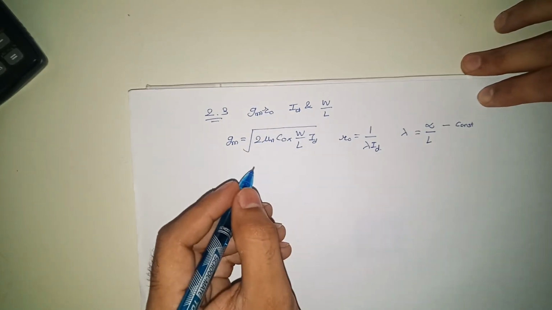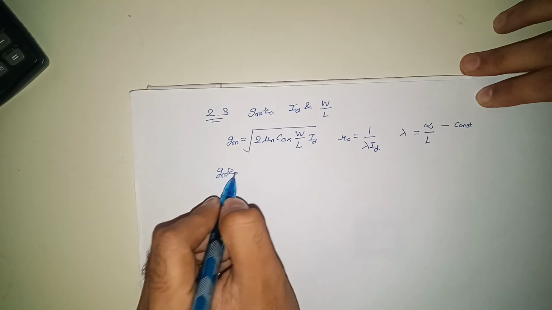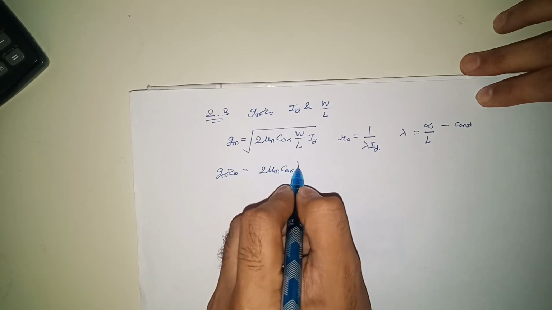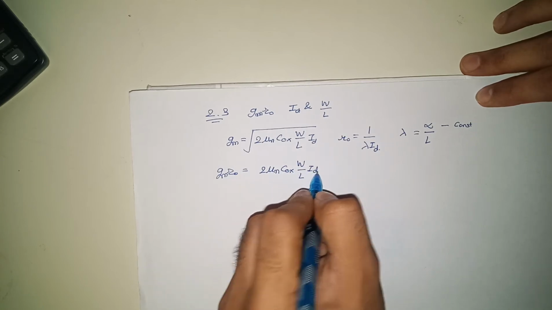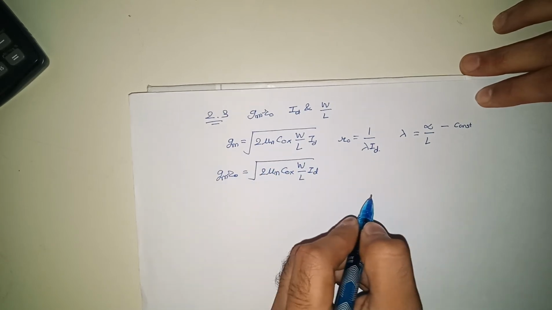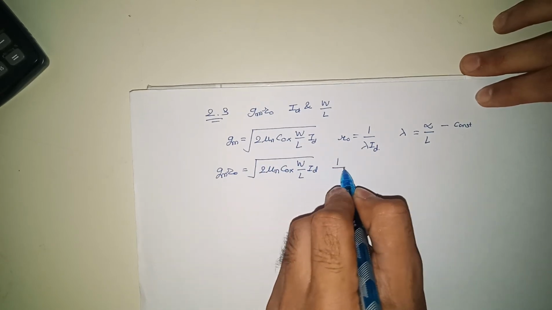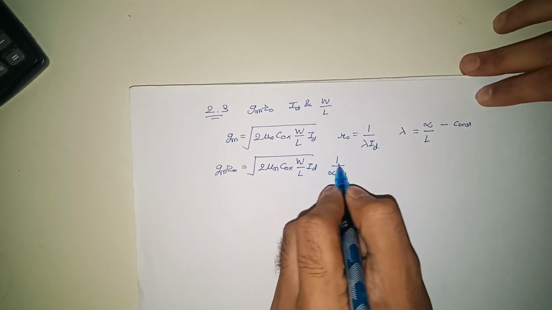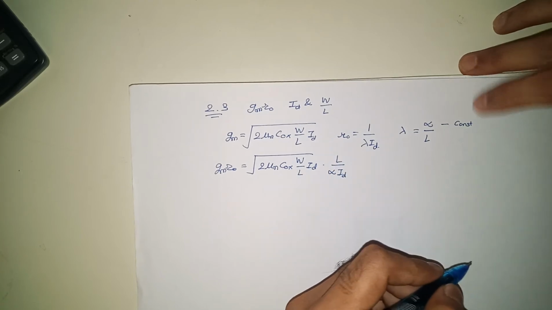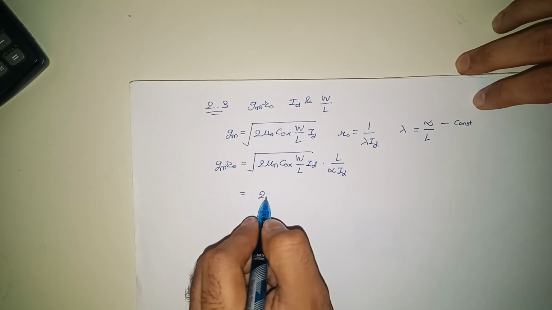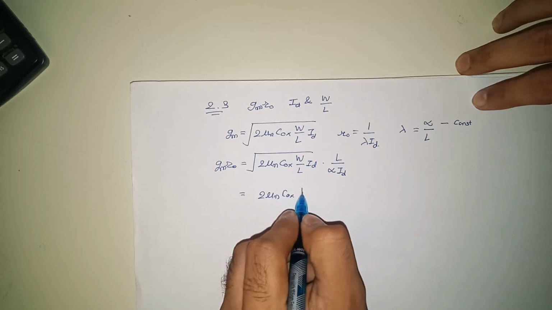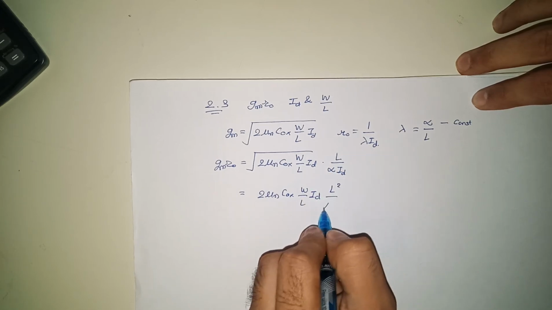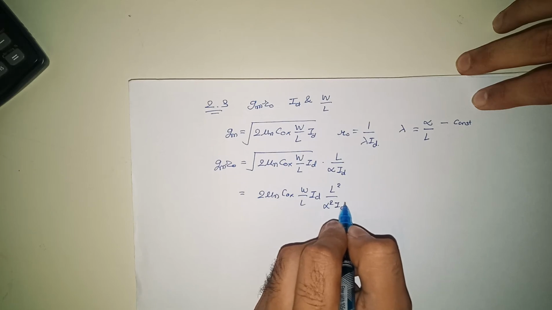Okay, so we will see the gm·ro together now, that is 2 mu n Cox W over L ID, times, converting lambda to alpha over L, the L will go up here. This will be 2 mu n Cox W by L ID, and this will come inside as L square alpha square ID square.